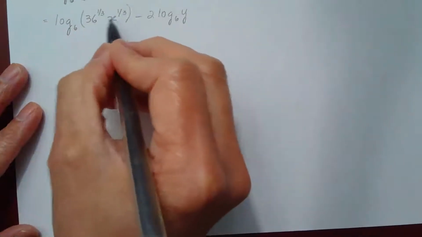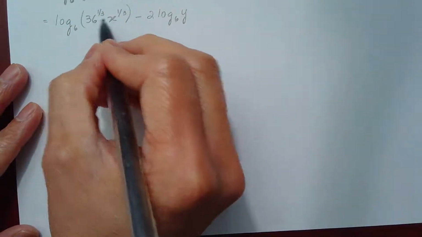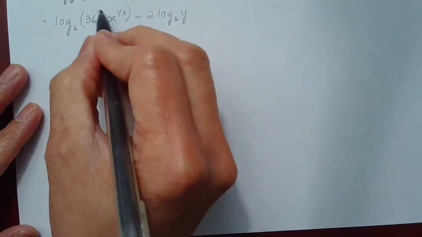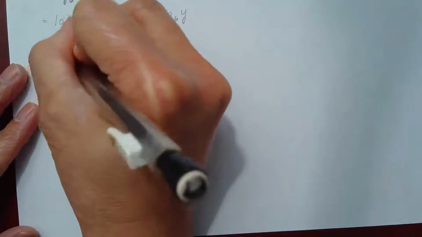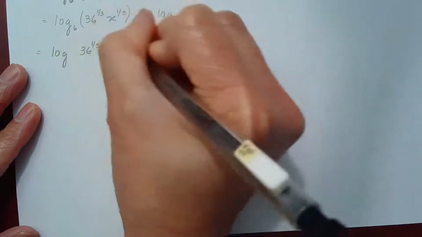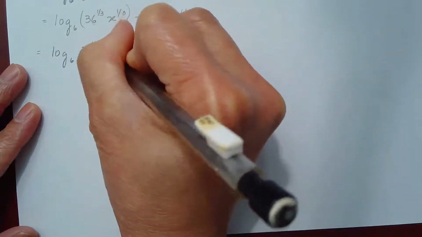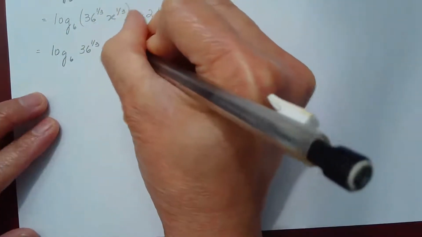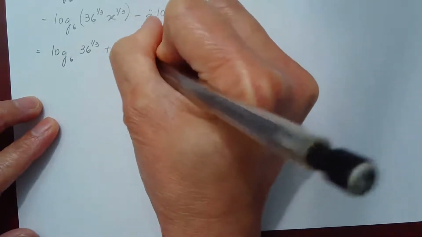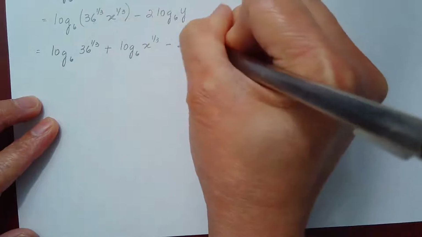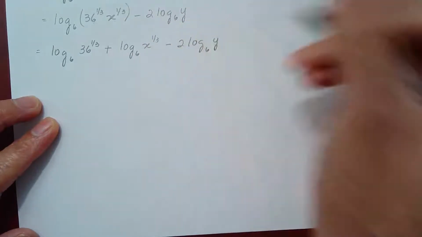Now these two are being multiplied, 36 to the 1/3 times x to the 1/3, so I can rewrite that as log of 36 to the 1/3 base 6 plus log of x to the 1/3 base 6, because when multiplying, the logs are added, minus 2 log y base 6.